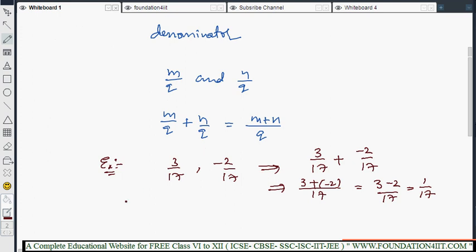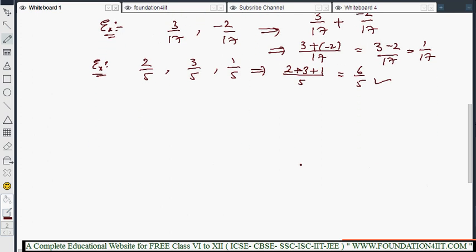Now this is the condition. If you take one more similar example: 2 by 5, 3 by 5, 1 by 5. If you want to add these, we take the denominator once, because the denominator is the same in all three rational numbers. Just add the numerators: 2 plus 3 plus 1 is 6 by 5.